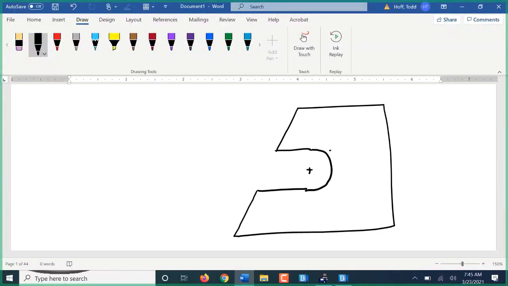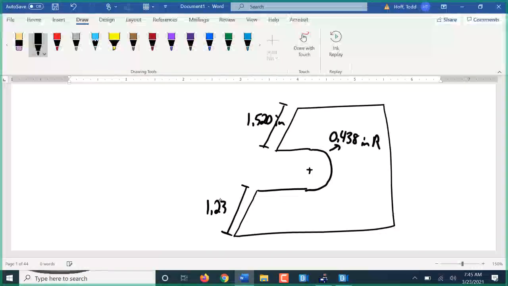Okay, so this little circle here, I'm actually going to be the radius, 0.438 inch radius. I'll tell you this is 1.520 inches. This down here is going to be 1.234 inches.